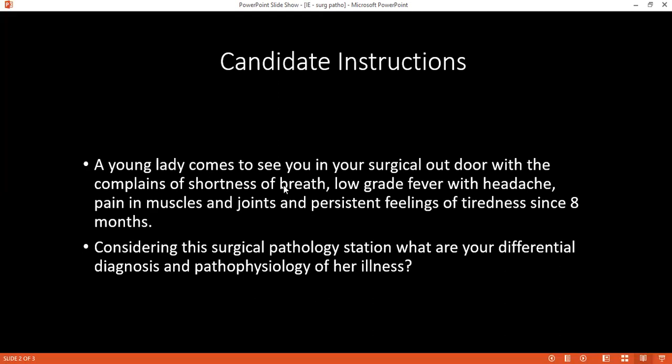If the patient does not respond to medical treatment, what can you suggest? I can suggest valve replacement, a surgical intervention.